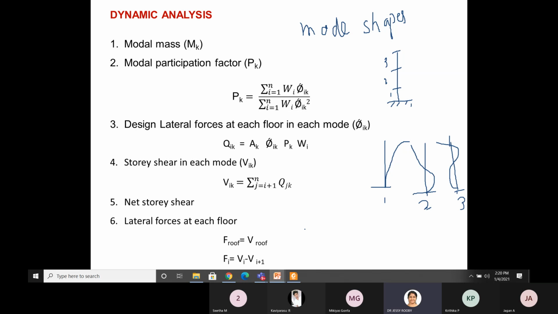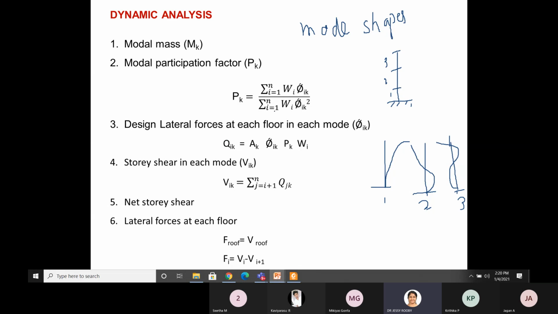You must have learned the fundamental frequency. With that frequency, the structure will have a vibration, and the contribution of this vibration will also be considered while doing the dynamic analysis.